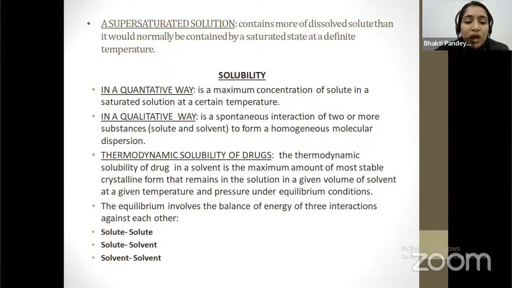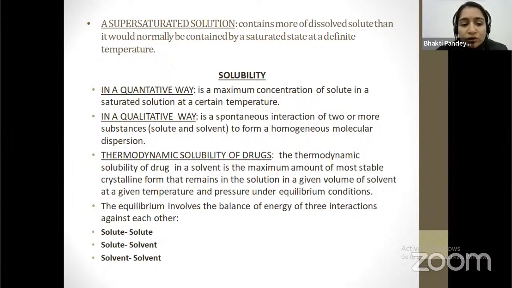The equilibrium involves the balance of energy of three interactions: solute-solute interaction, solute-solvent interaction, and solvent-solvent interaction.